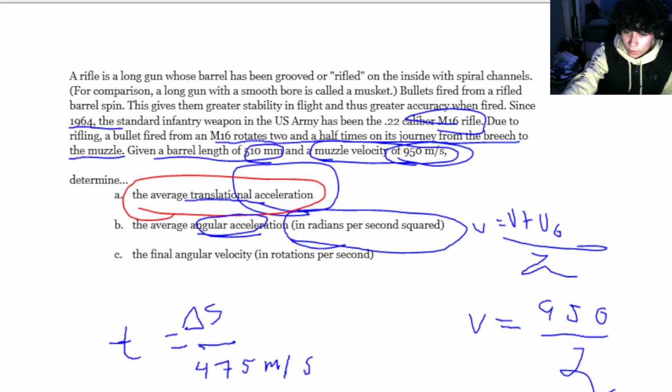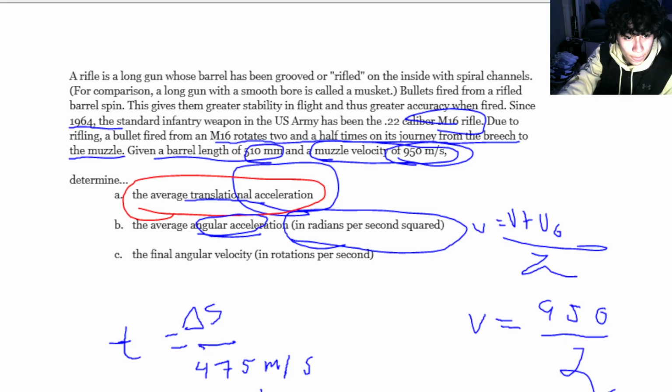And then your displacement again, 0.510 over 475 meters per second. And so then that should equal 0.001. It's not 475.